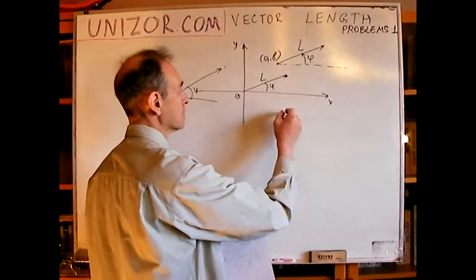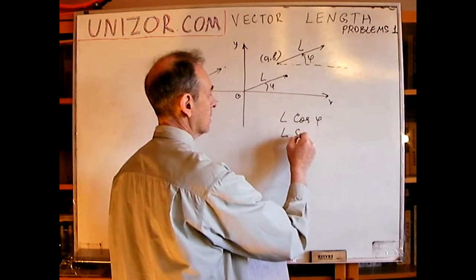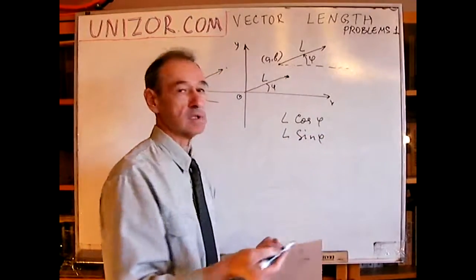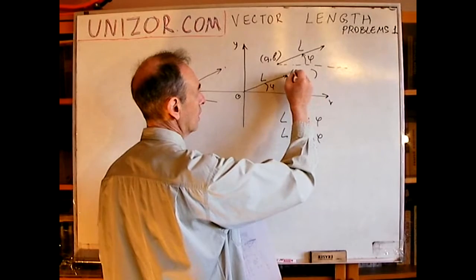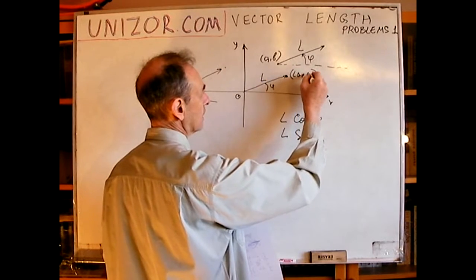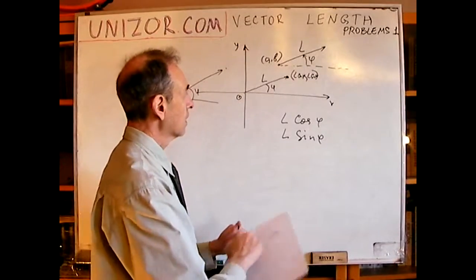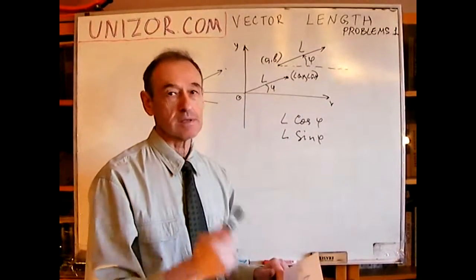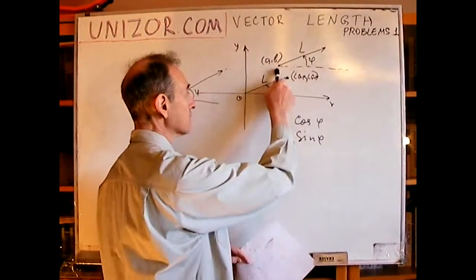And we know this position is equal to L cosine phi and L sine phi, as we did in the previous problem. So these two, L cosine phi and L sine phi, are the coordinates of the endpoint and the tuple representation of this particular vector, regardless of the beginning.